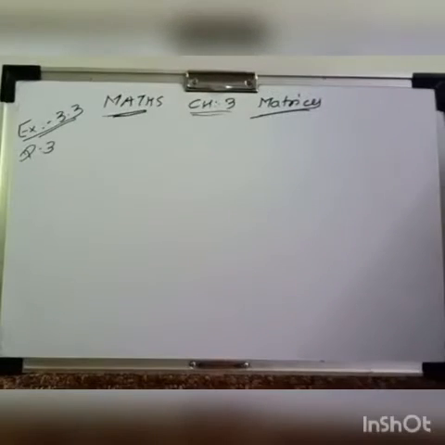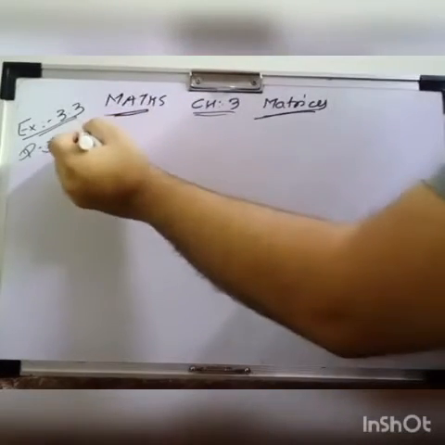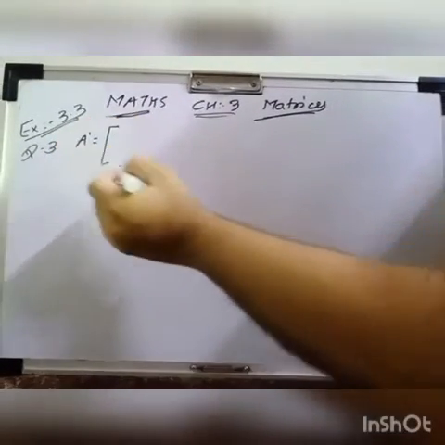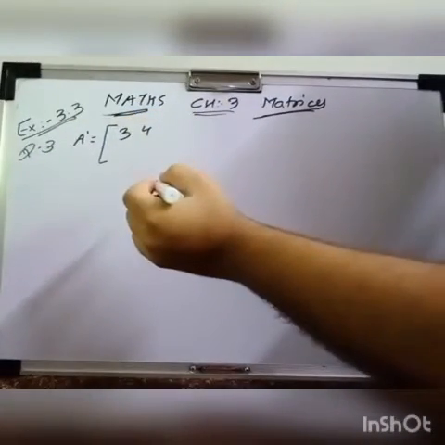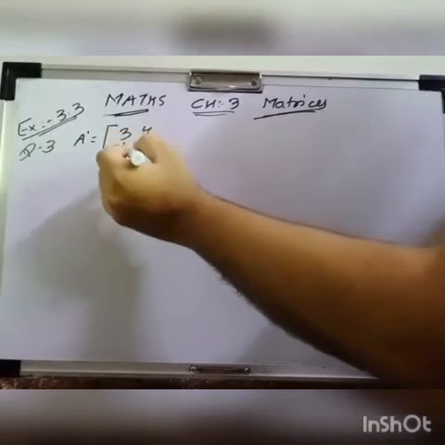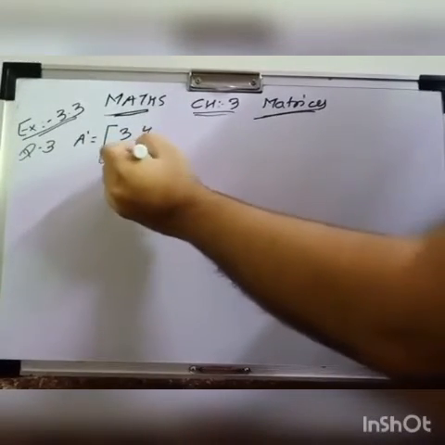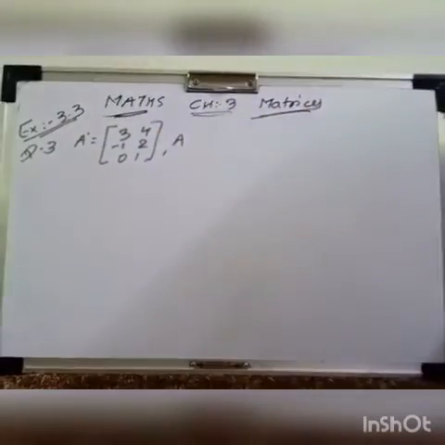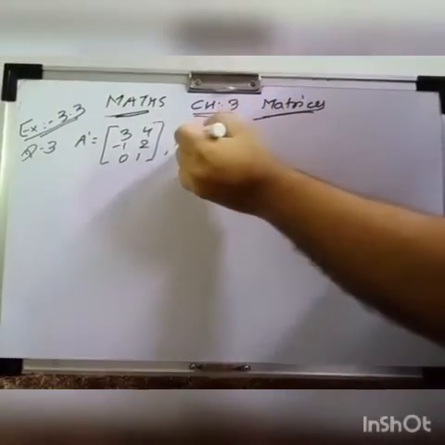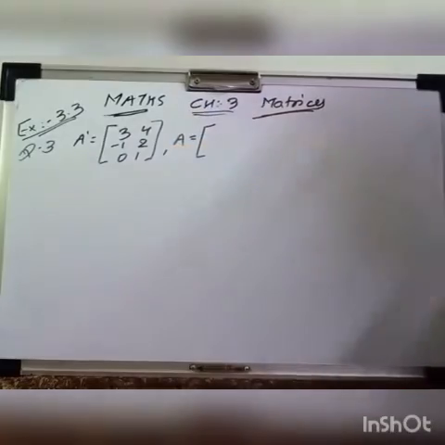Let's try to do the third question, where we are given A transpose. So A transpose is 3, 4, -1, 2, 0, 1. We know the property that if I take the transpose of a transpose matrix, then I will get the same original matrix.